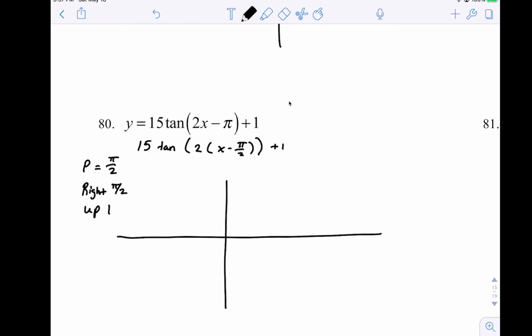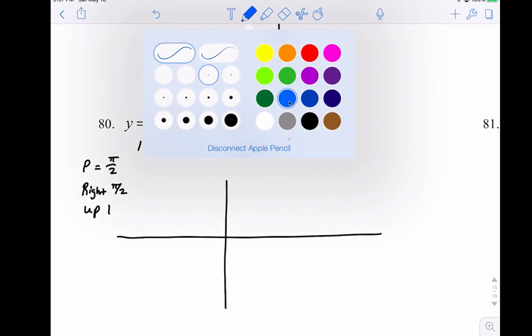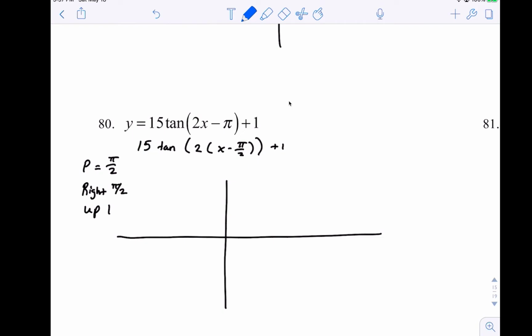Okay, so I'm going to put my values first, right? So typically I would start at 0, 0, but I want to move that right pi over 2 and up 1. All right, and then I'm actually gonna do more than one cycle because I think it's easier if I do more than one. So 1 period away would put me at pi, and then 1 period away here is gonna put me at 0.